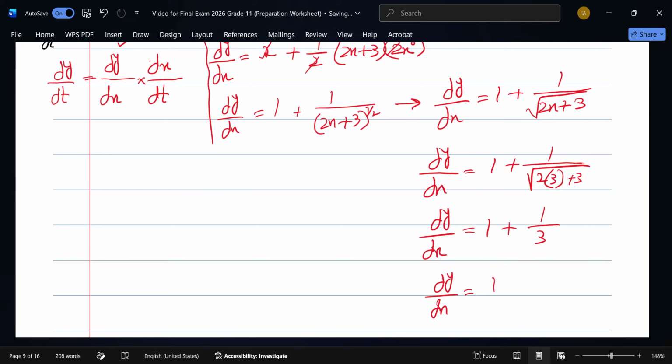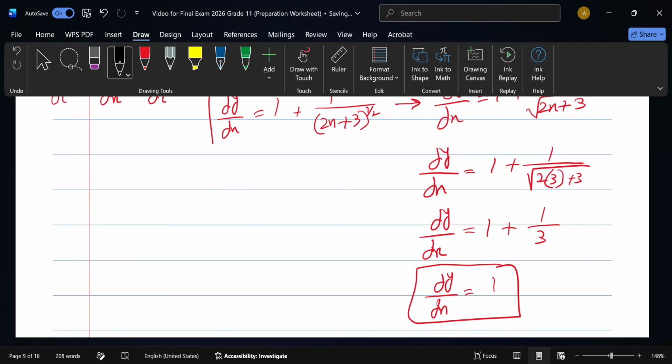We got the value of dy upon dx. Now we use the chain rule, apply the chain rule, and get the results.